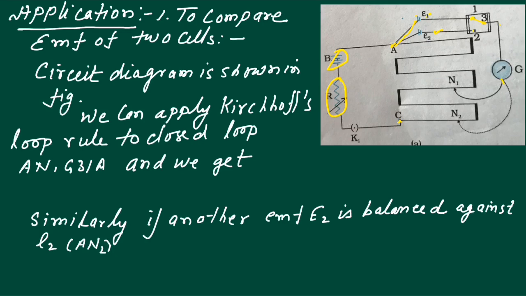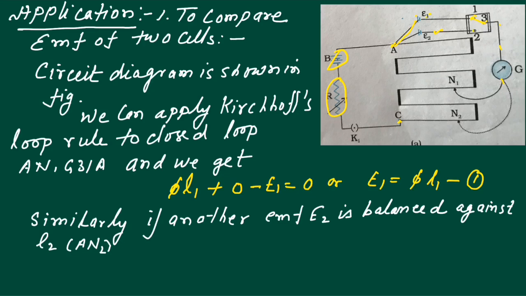Therefore, applying Kirchhoff's rule to the closed loop A, N1, G, then 3, 1 and again A, we get phi L1, where phi is the potential gradient and L1 is the length, plus 0 because no current is flowing through the galvanometer, minus E1 equal to 0. Or we can write E1 equal to phi L1. This is equation number 1.